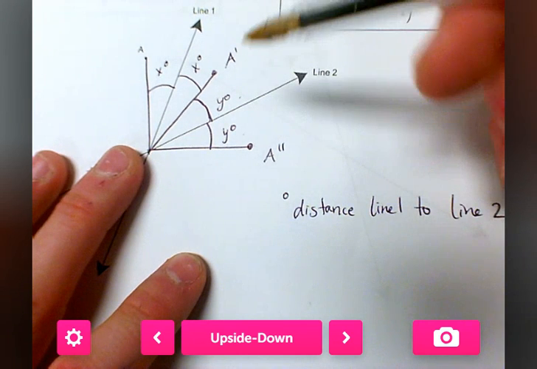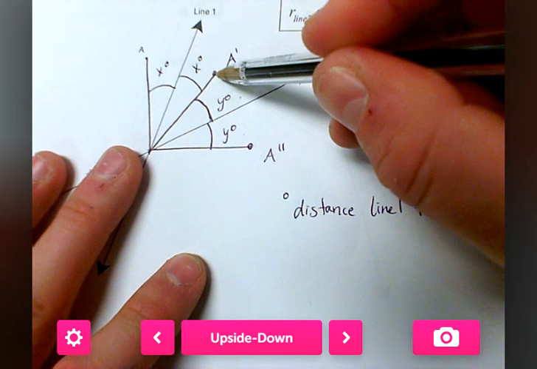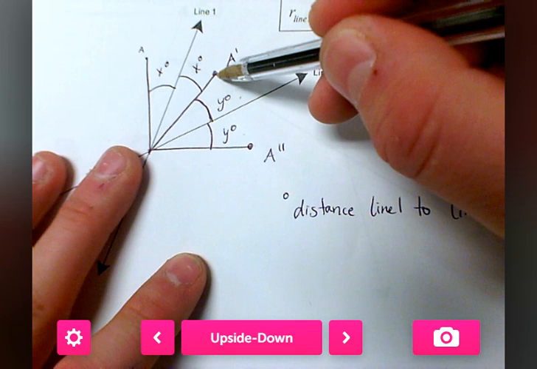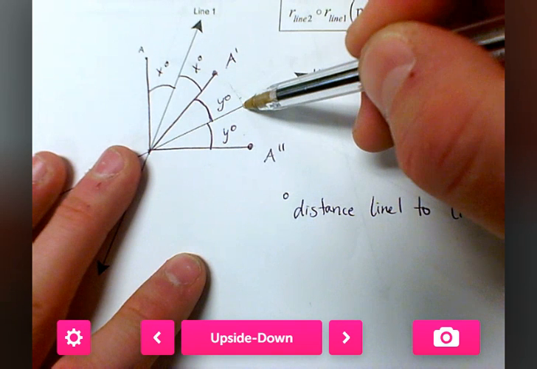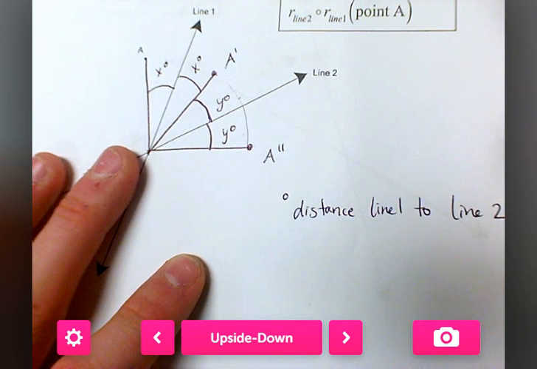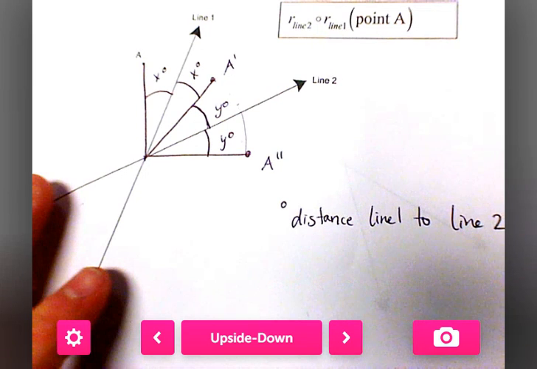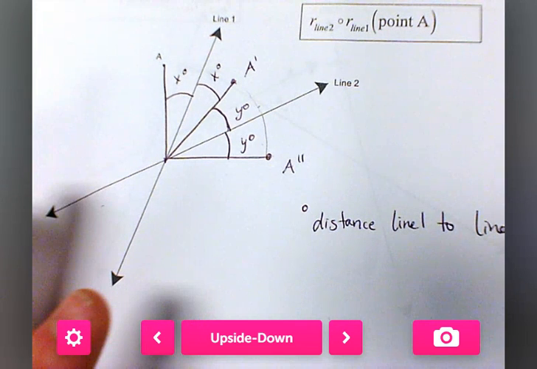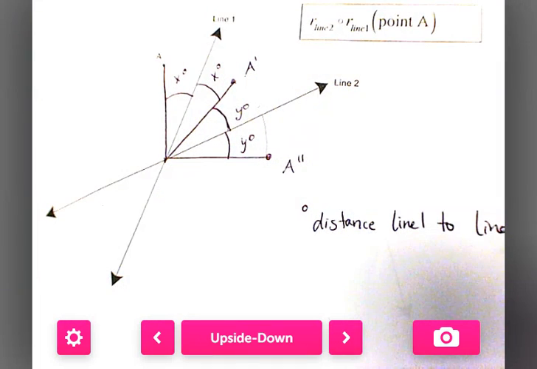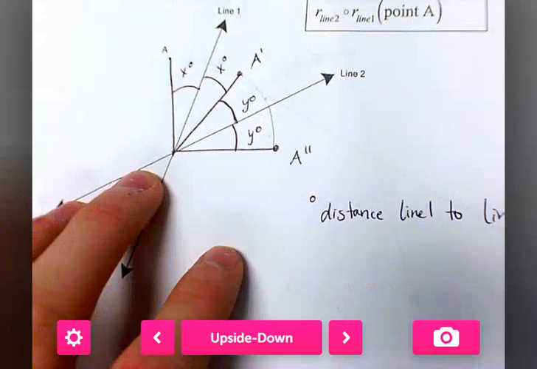Because remember, we went from A prime, we went y distance that way, so we have to go y distance past the line. Just like on the parallel lines, we went x towards the line, we have to go x past the line. That kind of makes sense?